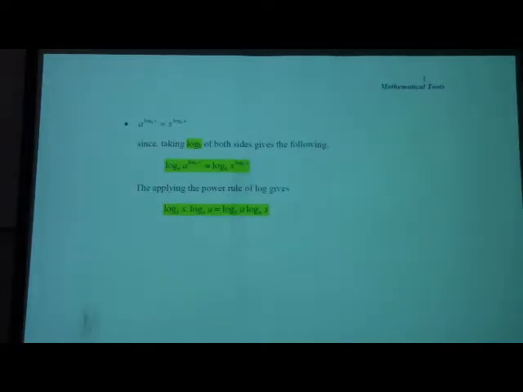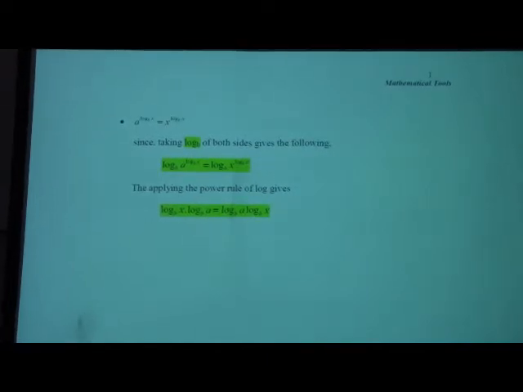And the last example I'm going to use for these logs is if we have a to the log base b of x, we can exchange the x and the a and write it as x to the log base b of a. Notice the log base b stays, and the x and the a are exchanged, and they're equal.